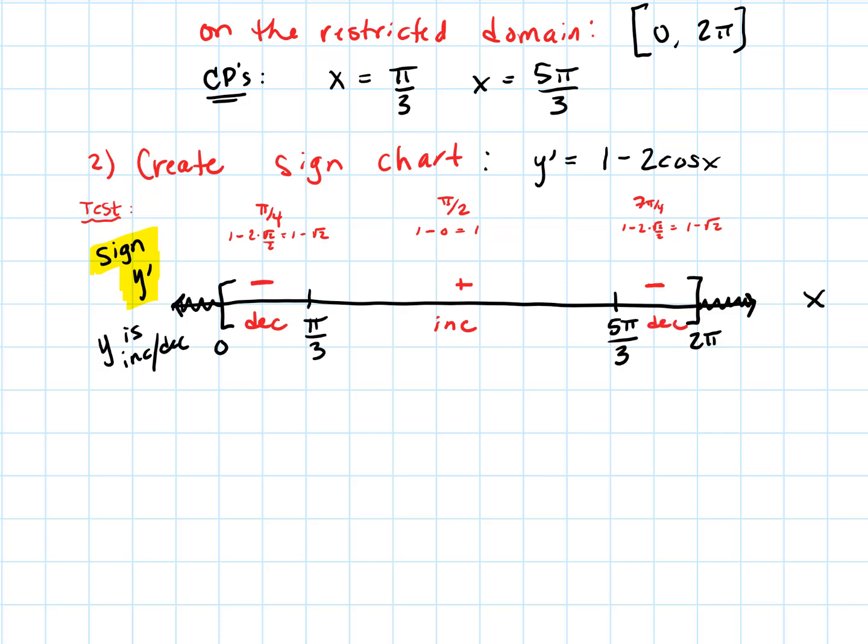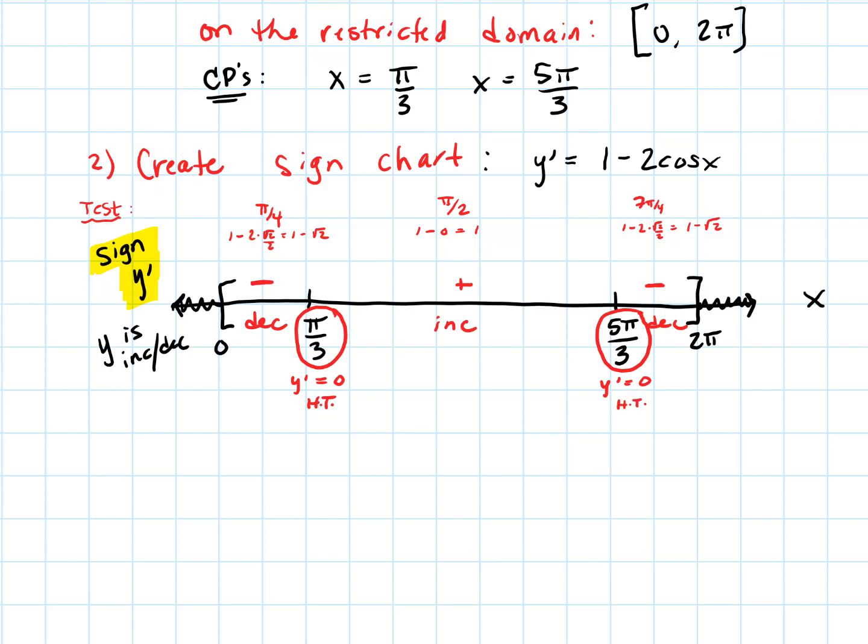And right now, I also know that at these 2 points, at pi over 3 and at 5 pi over 3, y prime was equal to 0, so those were horizontal tangents. I'm going to abbreviate this, put whatever notation you want. I like to say HT for horizontal tangent, but I also like to indicate that the derivative was 0 under those points. So I know that at these 2 points I have horizontal tangents.